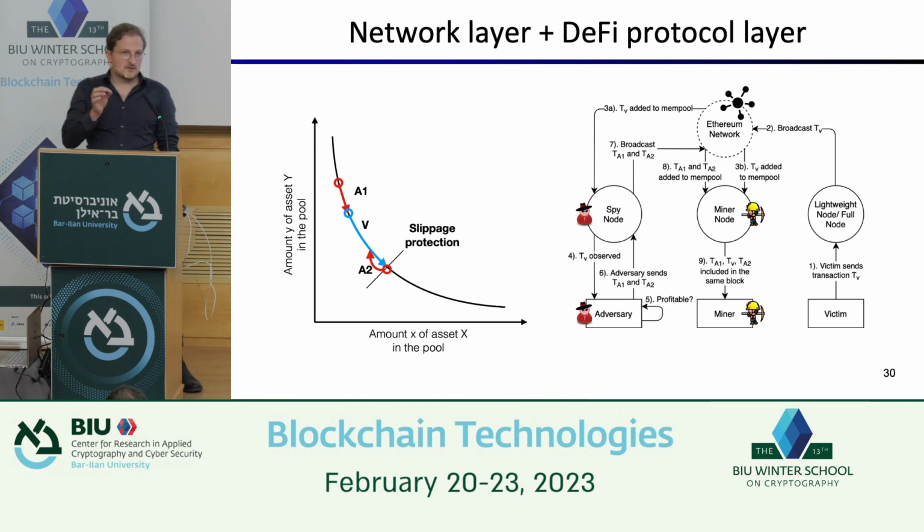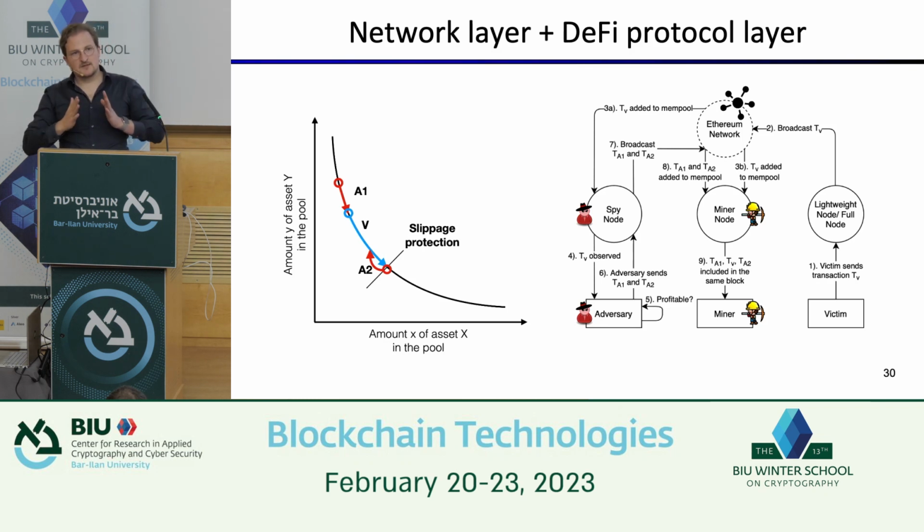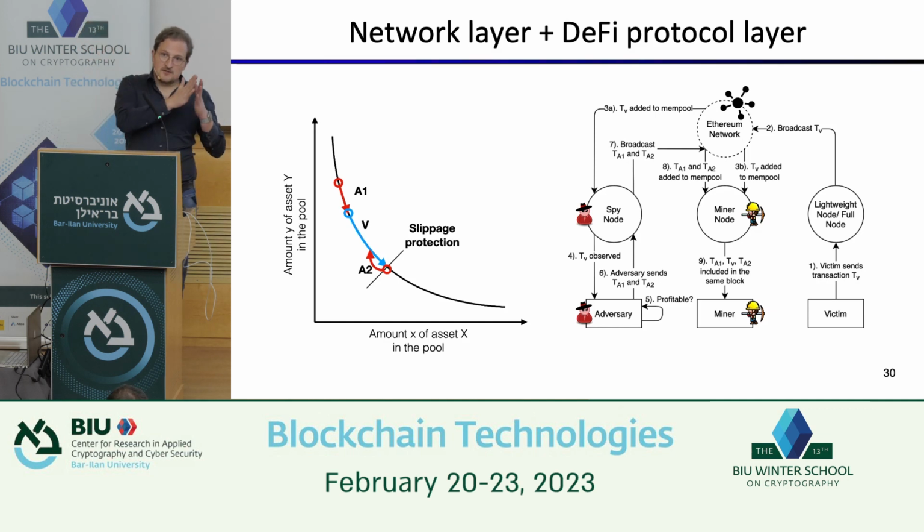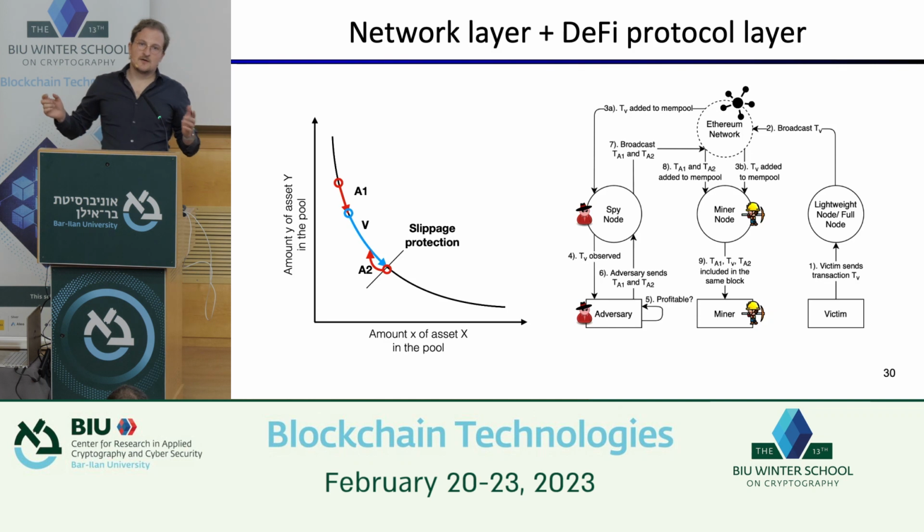I would like to point out one thing, because there's often a misconception that things have to happen in the same block. That's not really the case. The conditions you require for a successful sandwich are that the order is preserved and that there are no intermediate swaps that mess up your sandwich. Technically, you can have a sandwich across 10 blocks, because all that matters is the sequence of transactions against that particular AMM market.